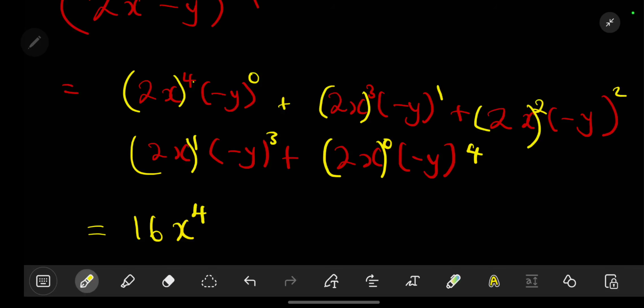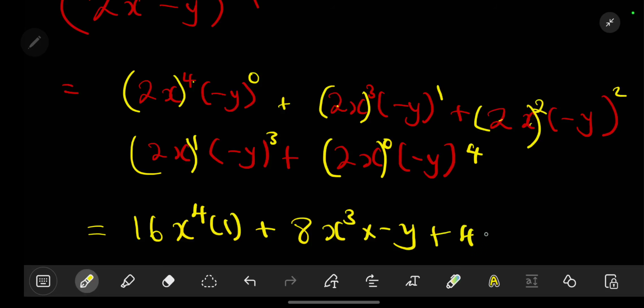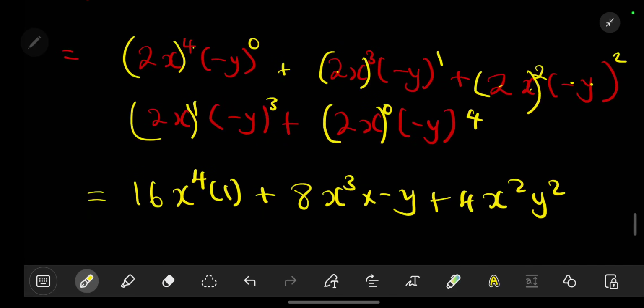Then the next value: because negative y to the power 0 is 1, we have a 1 there. Then plus 2 to the power 3 is 8, then x to the power 3, times negative y. Then 2 to the power 2 is 4, x squared, then negative y squared, which gives us y squared, positive for that matter.